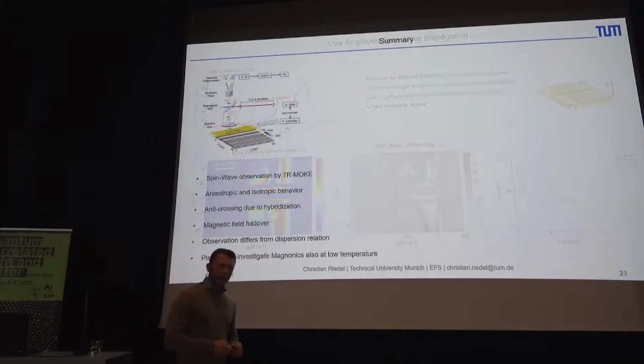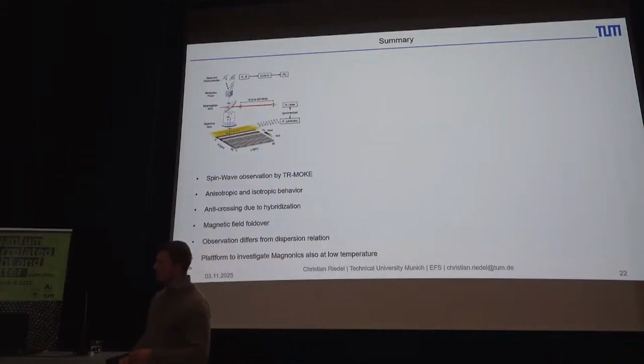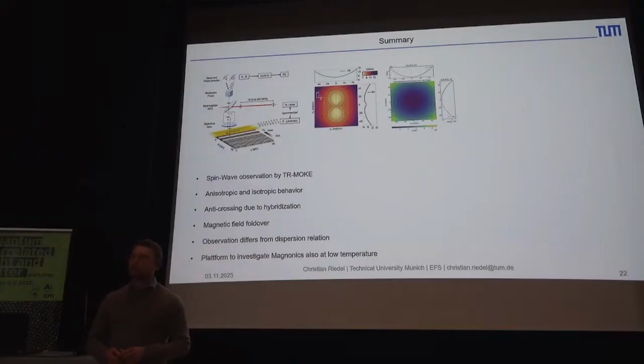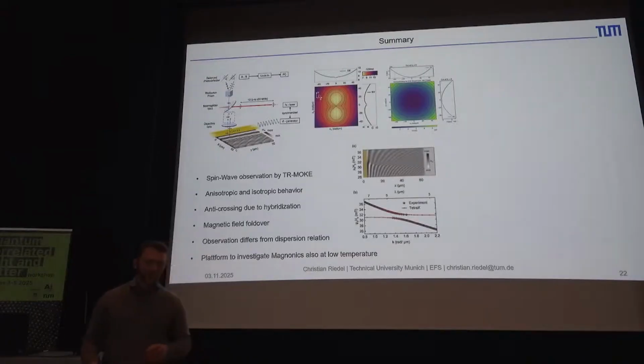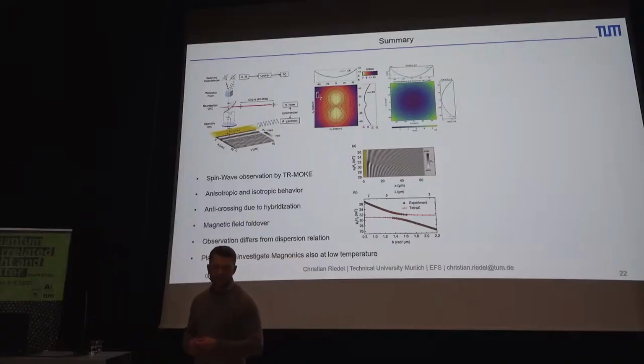So with this, I would like to sum up. I hope I gave you an idea how we measure spin waves in our lab by TR-MOKE. I showed you the properties of spin waves, which can be either isotropic or anisotropic in yttrium iron garnet, a standard magnetic material. I've shown you that different spin wave modes can hybridize with each other, forming an anti-crossing because they are strongly coupled.